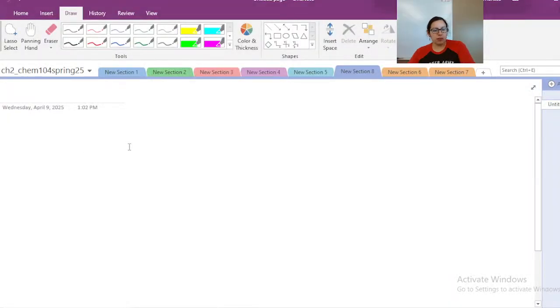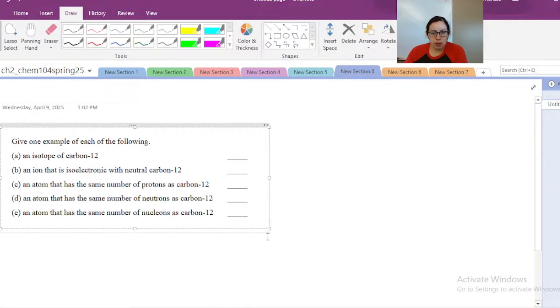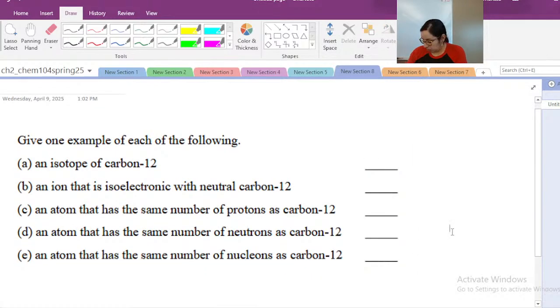So I just want to make sure that we know all of the terms from our homework. Specifically looking at this, it says an ion that is isoelectronic. Isoelectronic means same number of electrons, so you can have different answers too, right? What is one example of something that has the same electrons as neutral carbon?